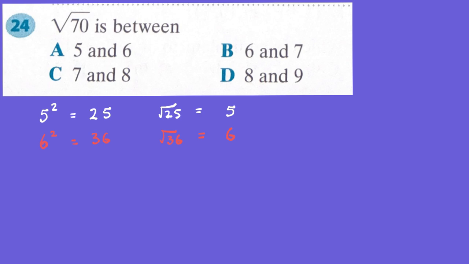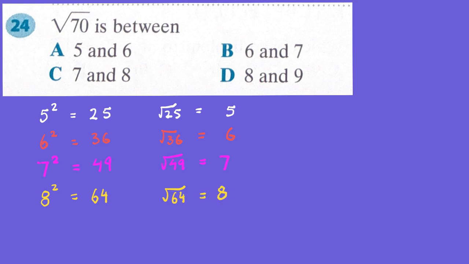Continue. Let's see what 7 squared is. 7 squared is 49, and the root of 49 is going to be 7. We're not near 70. Let's continue. What about 8 squared? 8 squared is 64, and therefore root 64 is equal to 8.